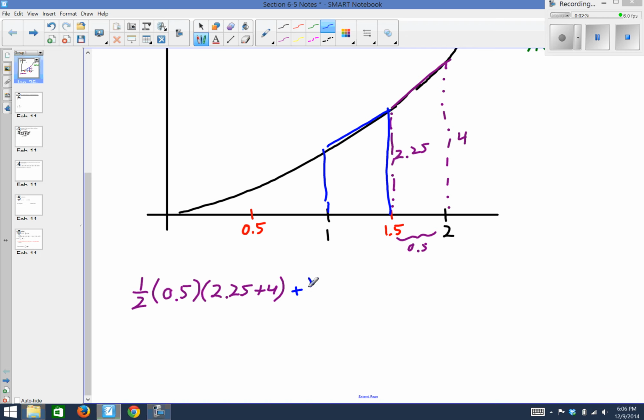That's going to be 1/2 times the height of the trapezoid, which is 0.5, times the sum of the bases, so 2.25, and this would be 1. Again, continuing on, here would be my next trapezoid. So its area would be 1/2 height of the trapezoid, and then the bases would be 1 and 0.25.